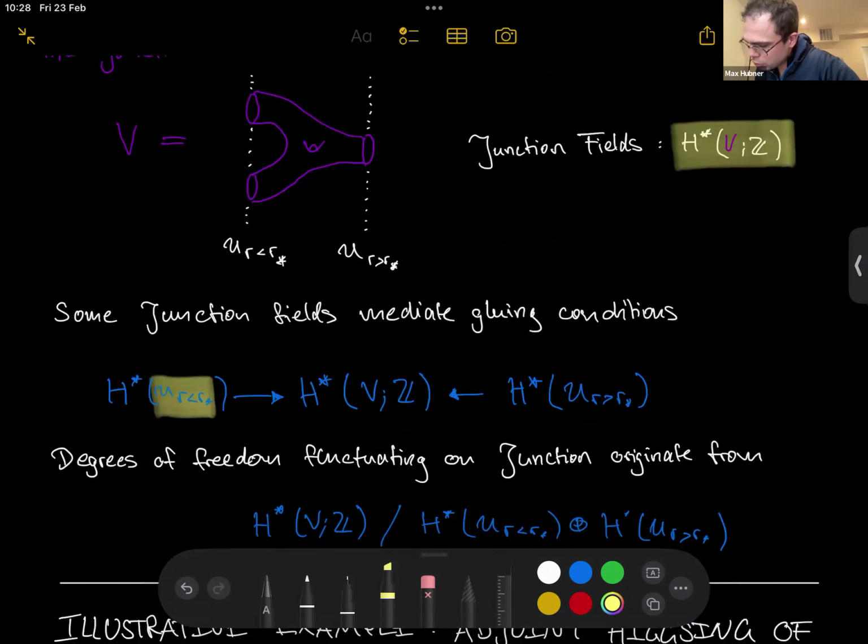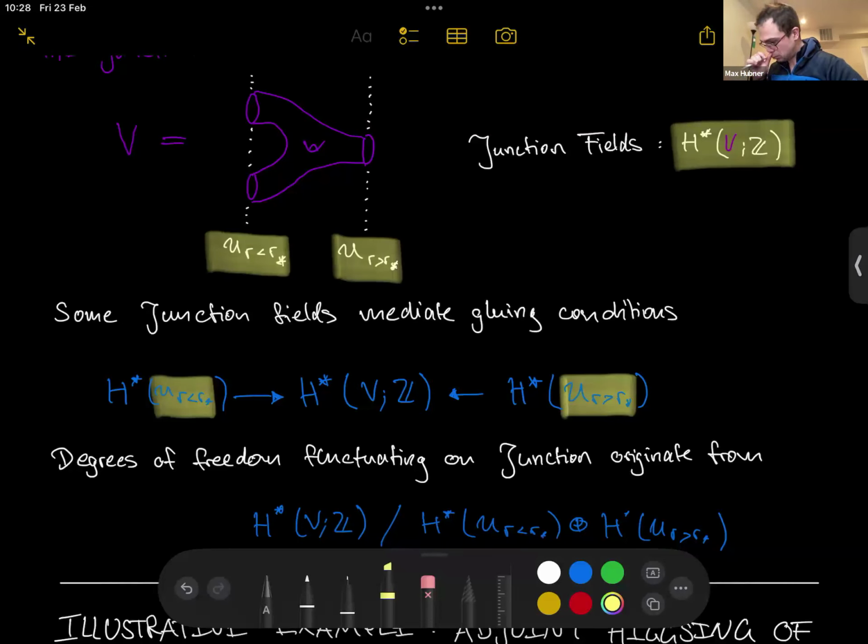Here, U_R with R smaller than R star is the boundary on the left-hand side, drawn here. U_R with R larger than R star is the boundary on the right-hand side. When compactifying in supergravity terms on these radial slices, they will contribute fields themselves. These are going to be fields of the SymTFT. And now I'm going to have to relate them at the junction.